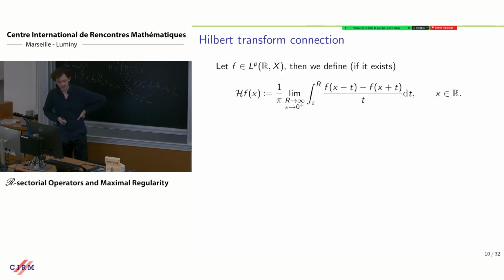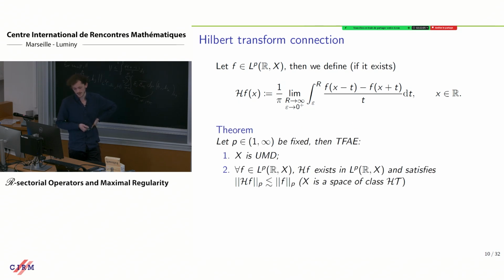Yeah, so there's a Hilbert transform connection. In the motivation, we mentioned that the Hilbert transform should be bounded. So here we recall the definition of the Hilbert transform. And then this is a very deep result that we will not prove because I don't know the proof: UMD is equivalent to the Hilbert transform existing in L^p and it being a bounded operator.